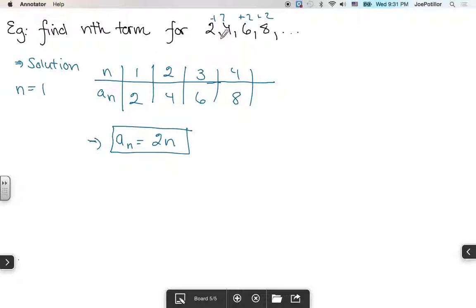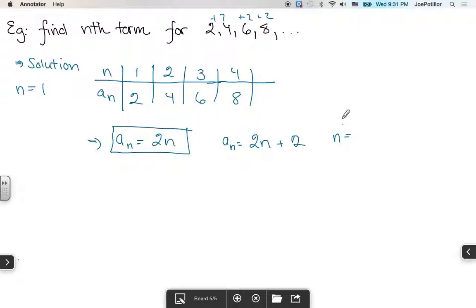You could also define the same sequence as 2n plus 2, and you could define it at n equals 0.